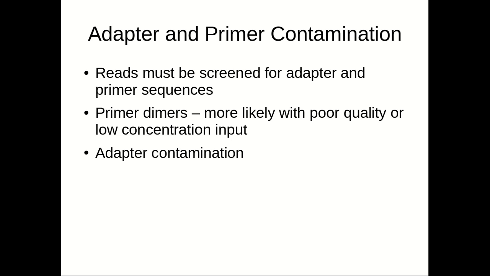This is something that you watch out for and screen for. Adapter contamination can happen, for example, if our sequencing primer is binding upstream where it should be, or if our insert is too short. Issues like that can lead to a sequencing adapter, and of course we'll want to remove that from our sequencing.